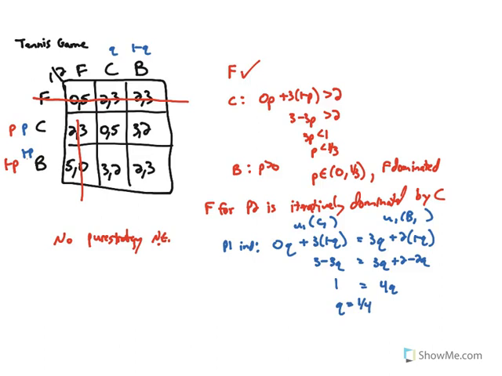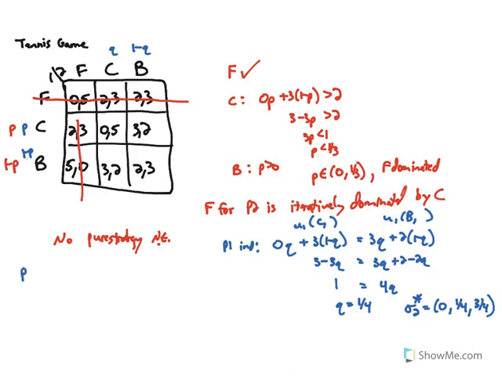Okay? And so that gives me sigma 2. In order to keep player 1 willing to mix in this profile, sigma 2 has to equal 0 for F, 1/4 for C, and 3/4 for B. That's sigma 2 star. Okay?